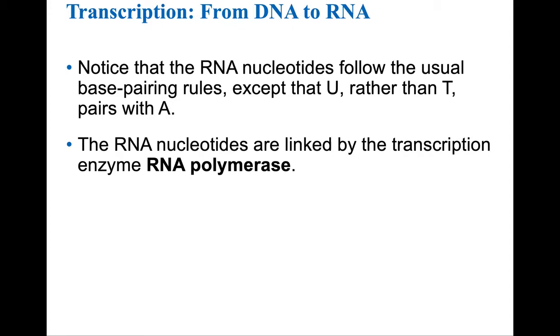Do not confuse what we're doing now with the DNA replication from the original videos we saw before. Transcription is found in the nucleus, and we're taking DNA and converting it into RNA. To do that, we need an enzyme called RNA polymerase.